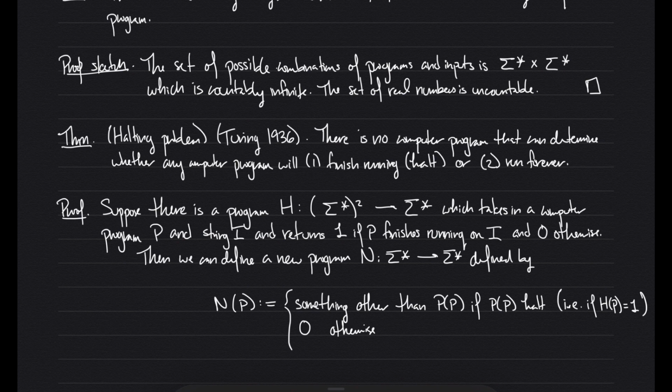Because P of P doesn't halt, but N of P does halt, and it returns 0. So it does finish computing, and it's going to give us the answer 0. So in both of these cases, N of P is acting different than P of P. That is, if H of P equals 0, that's the otherwise case.